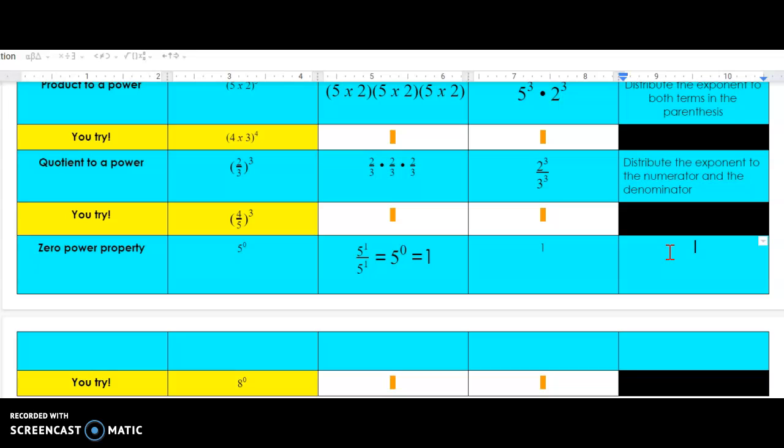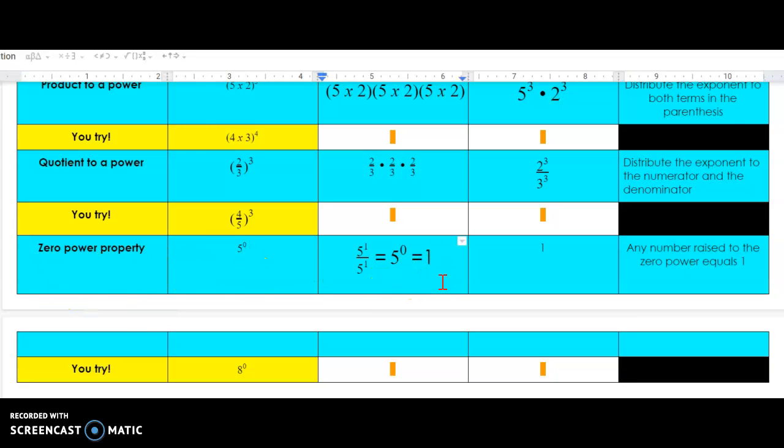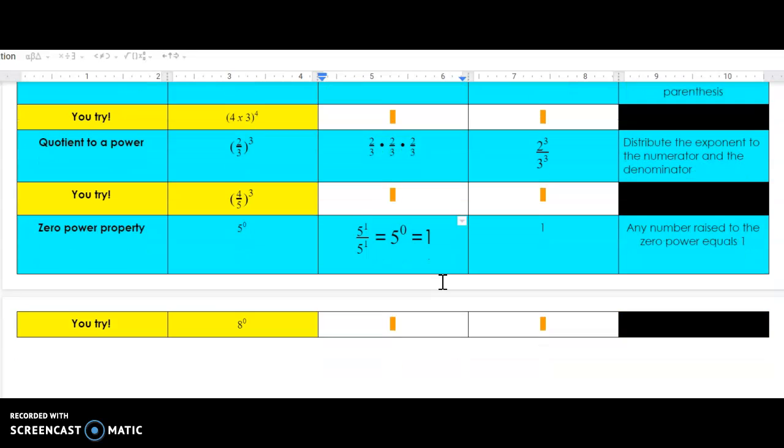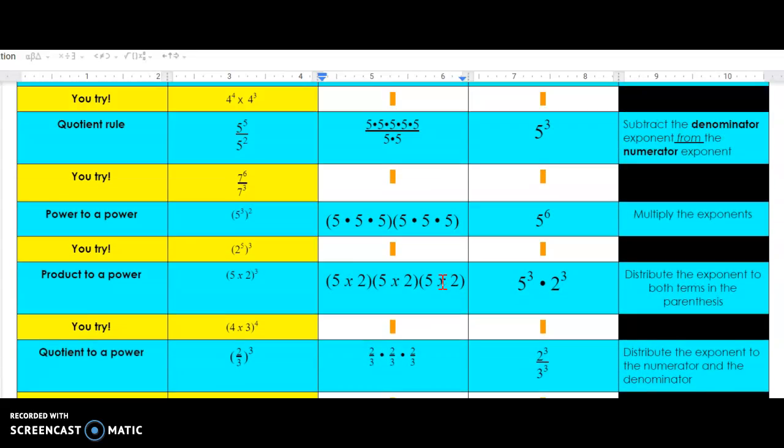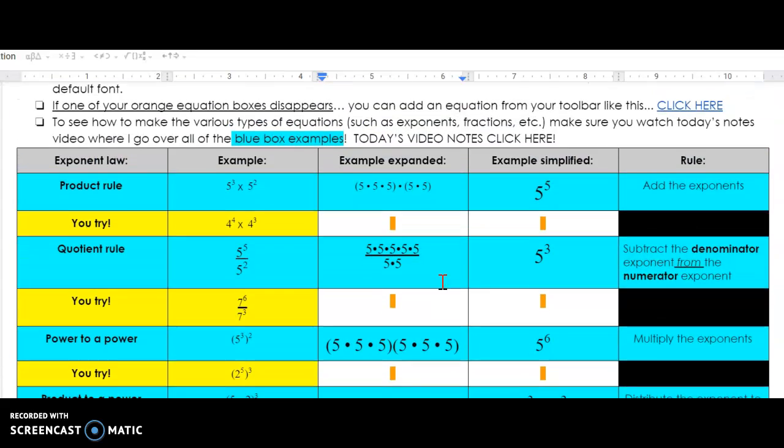Okay? And the rule is any number raised to the 0 power equals 1. I'd like it to not be taking up so much space. There we go.